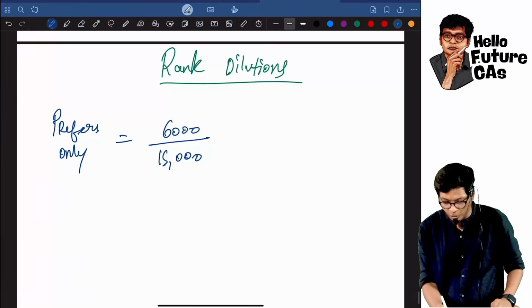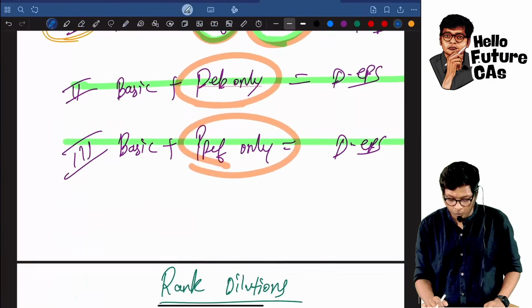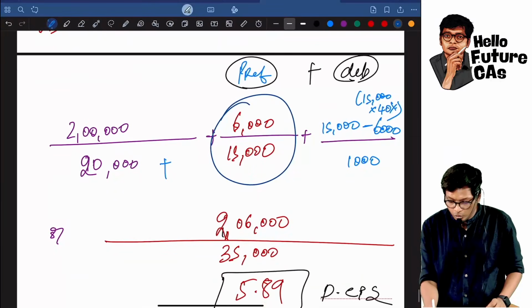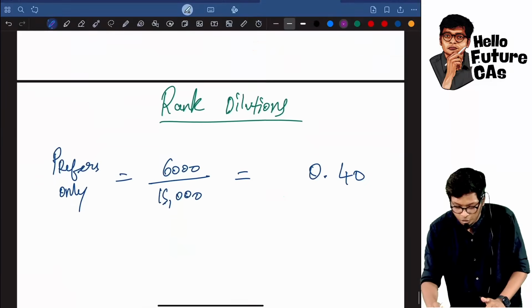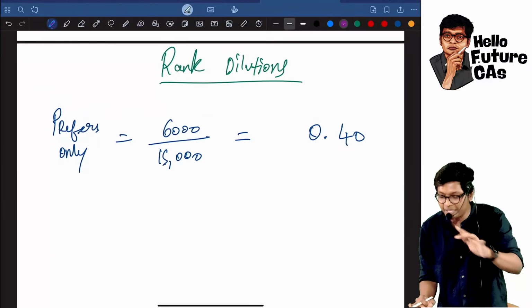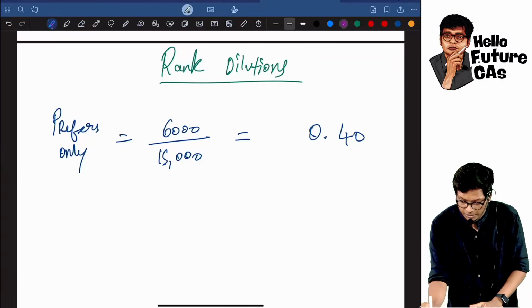Very very important. How much did we get? 0.40. This is called ranking. What do you mean by ranking? I want to know preference shares is 6,000 numerator increase, denominator is 15,000. So only preference shares if I keep, the impact is 0.4. Is this clear?